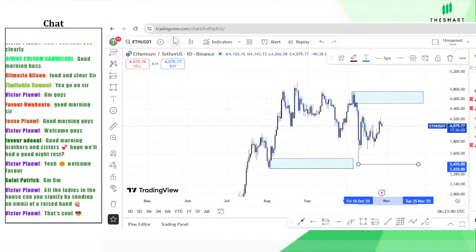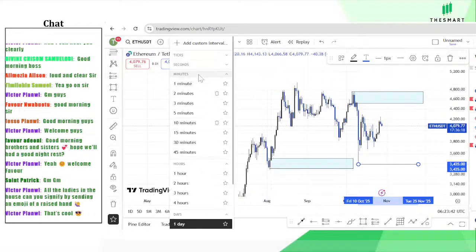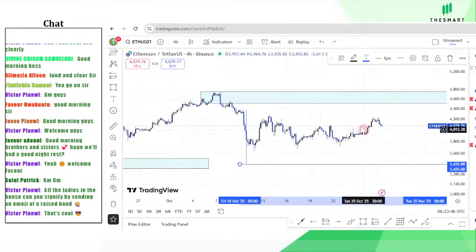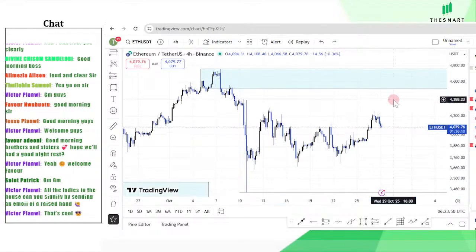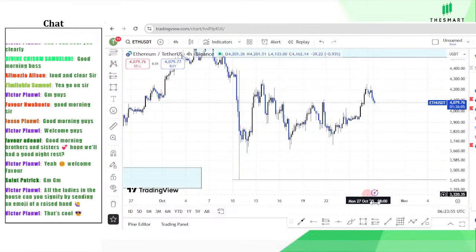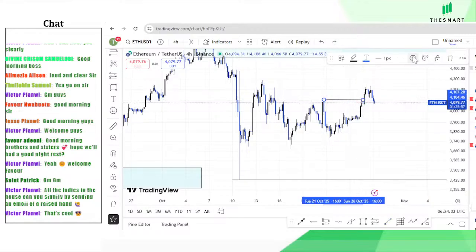So going down to the 4 hours to see what is happening on the 4 hours time frame. On the 4 hours, this is what we have. We have this break of structure at this point.